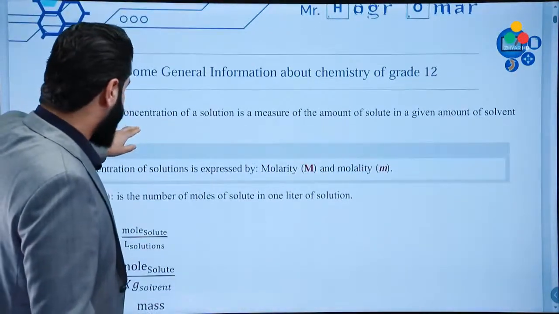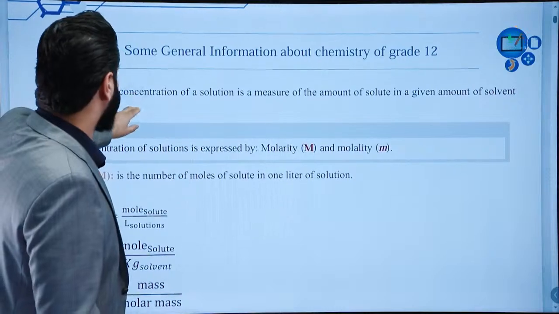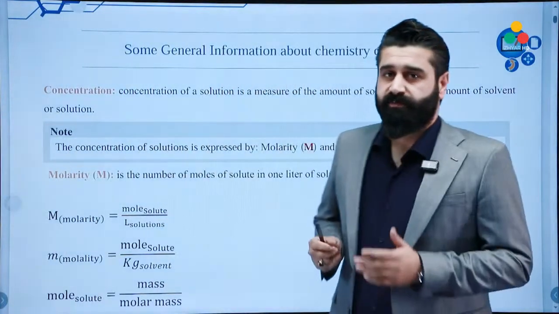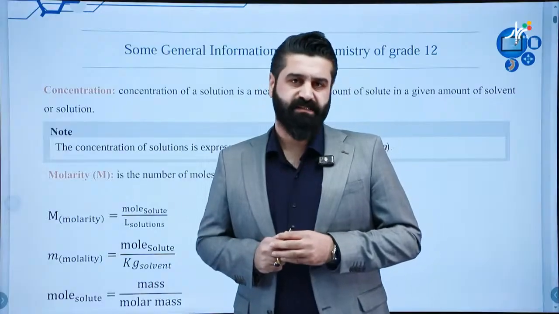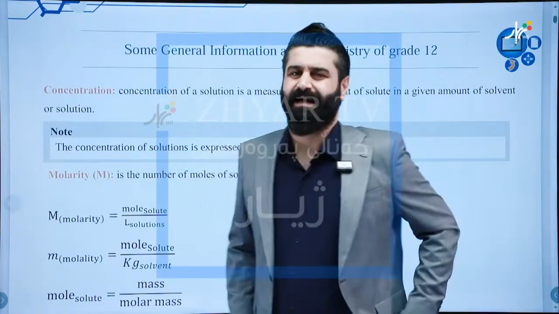Because this is the first lesson, I don't like to start directly with chapter 1, because we have to revise something really important, like stuff that you learned in grades 10 and 11.